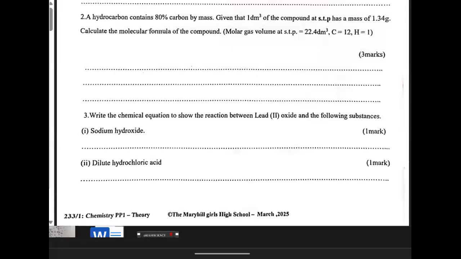1 mole will have what mass? 1 mole is equal to the RMM. So in that case, 0.044642857 moles are in 1.34 grams. What about 1 mole? So 1 mole will be 1 over the number of moles times 1.34.